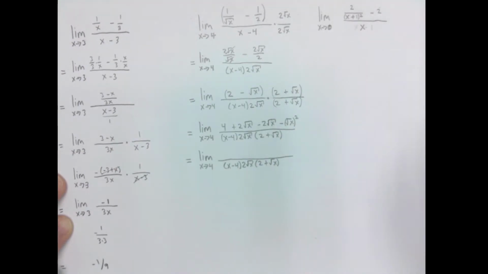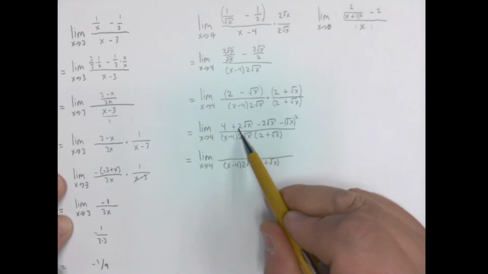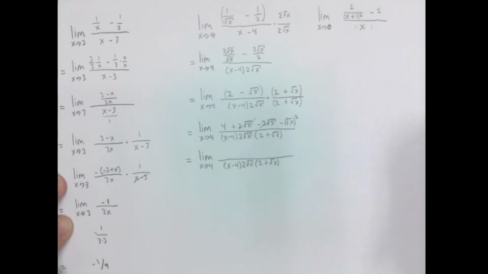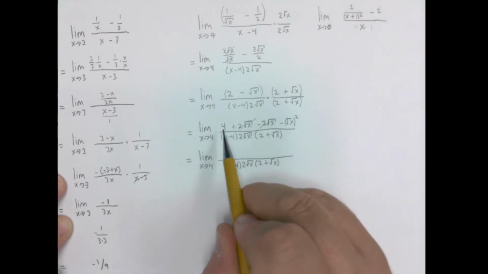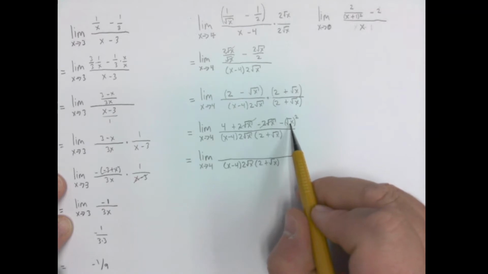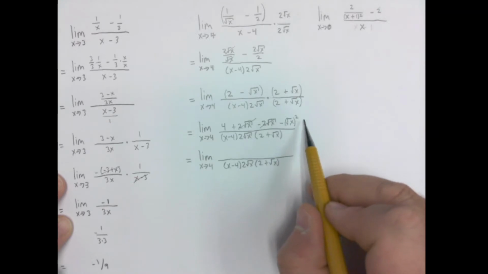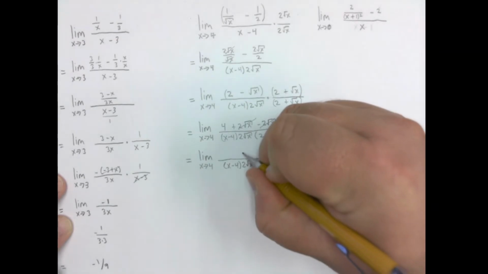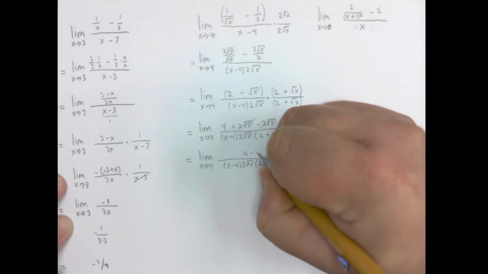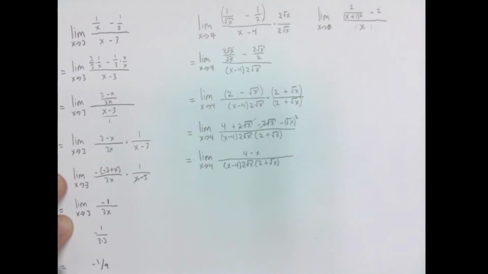And now what happens on the numerator? Well, those add to 0, since they are opposites. And then we have 4 minus the square root of x squared, which is simply equal to x. So we have 4 minus x.